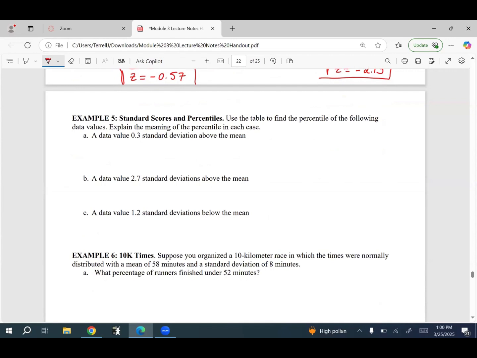Let's look at standard scores, which again just means z-scores, and percentiles. We're going to use this table to find the percentile of the following data values. A data value 0.3 standard deviations above the mean. If I'm 0.3 standard deviations above the mean, that means I have a z-score of positive 0.3.